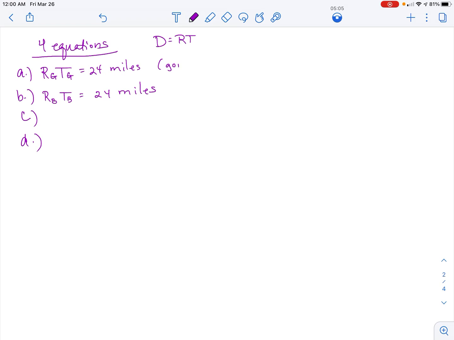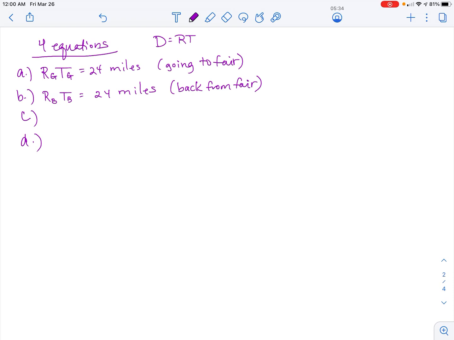It was 24 miles going to the fair and 24 miles coming back from the fair. That's where we're getting those little subscripts G and B, just so you know. So it's rate times time going to the fair equals 24 miles, and rate times time coming back from the fair was 24 miles. That equals the distance. Okay, so there are two equations.